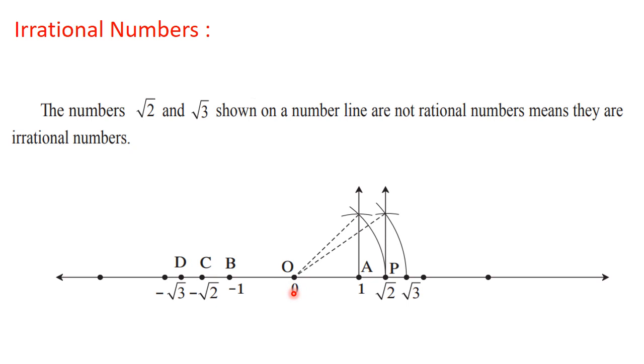On the right-hand side you can see all positive numbers, and on the left-hand side all negative numbers. Some distance is taken which is considered as 1 unit, and here you can see this one is 1. After that this is 2, this is 3. So these points are giving us 1, 2 and 3.